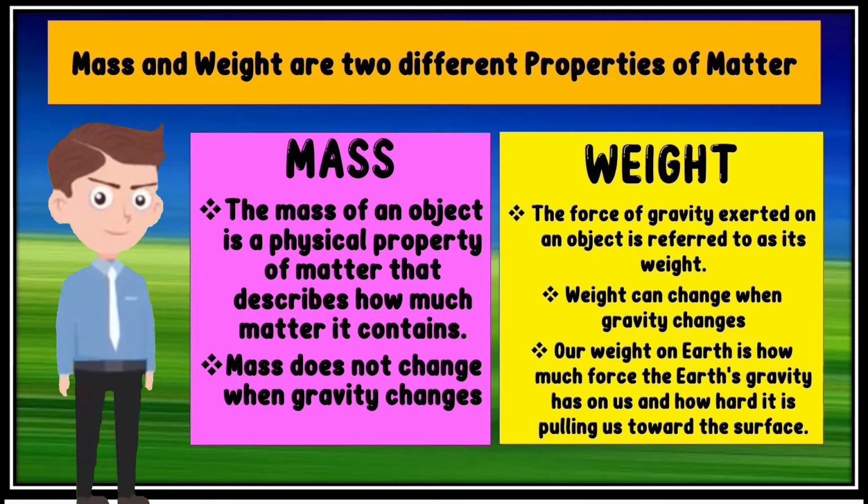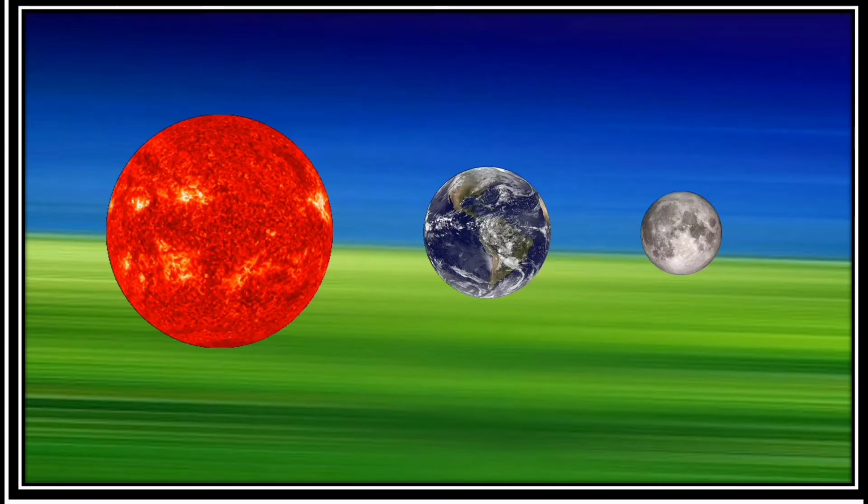us towards the surface. Okay, look at these pictures of 3 heavenly bodies. Which heavenly body is the biggest? Of course, the sun. Therefore, the sun has the strongest gravity among the 3 heavenly bodies, while the moon has the weakest gravity among the 3.